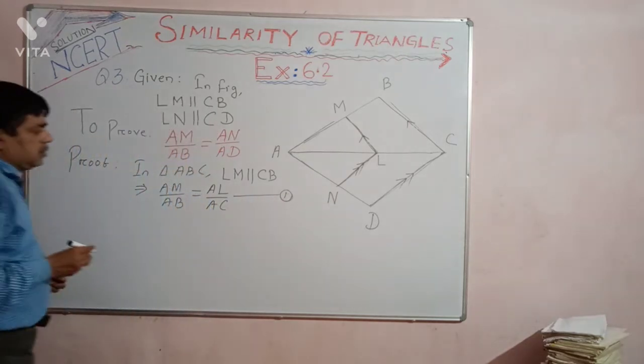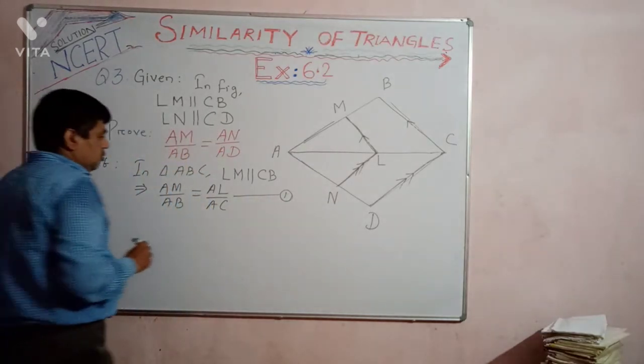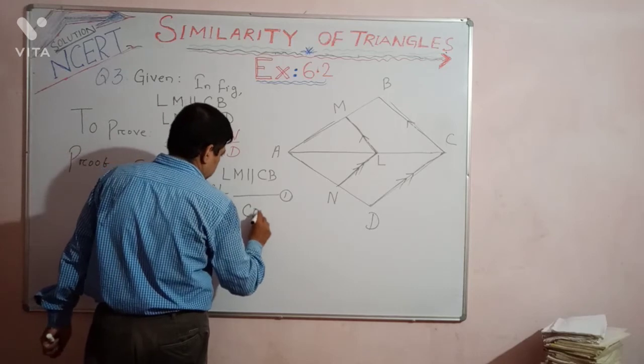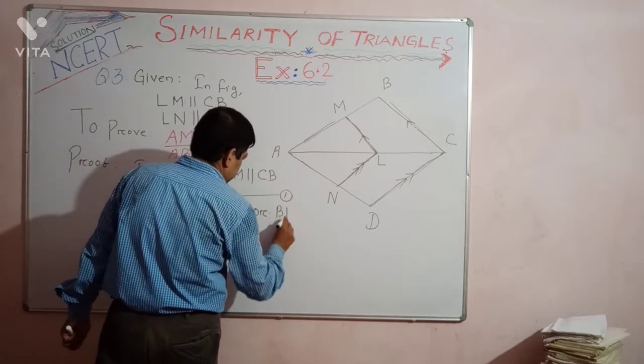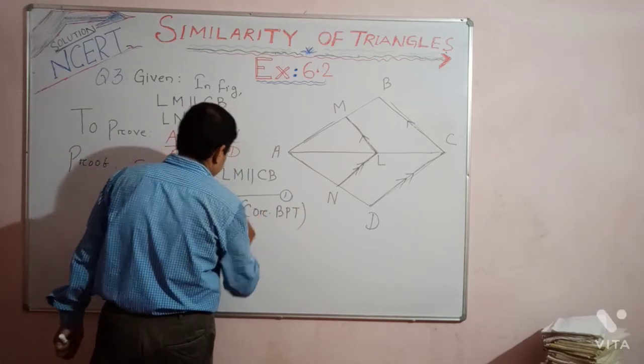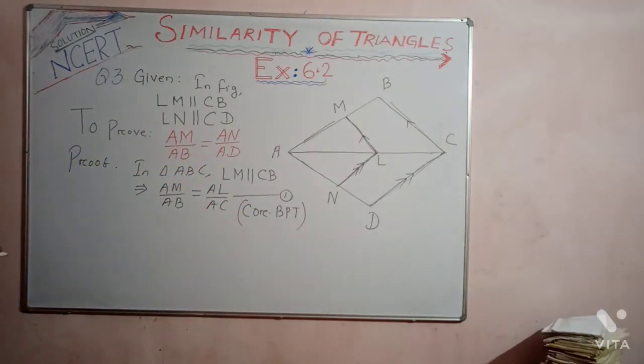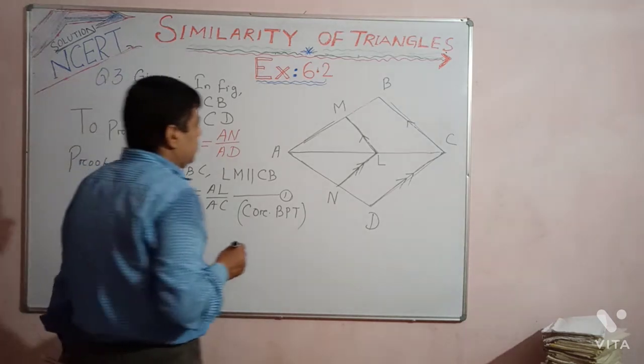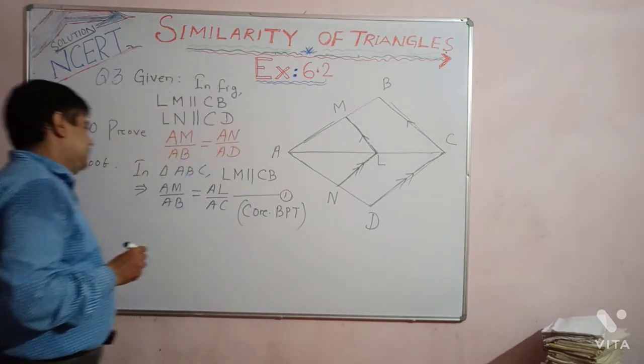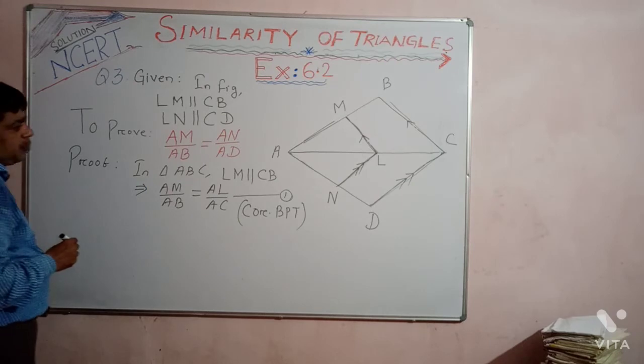This is in accordance with the corollary of the BPT. If LM is parallel to CB in triangle ABC, then AM upon AB is equal to AL upon AC. All of you know. This is equation 1.